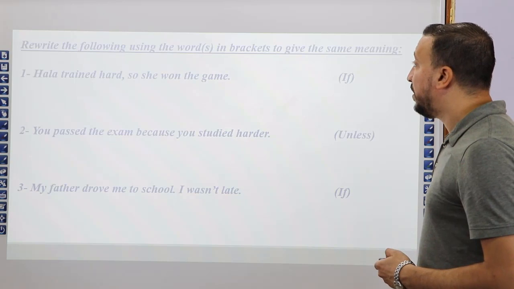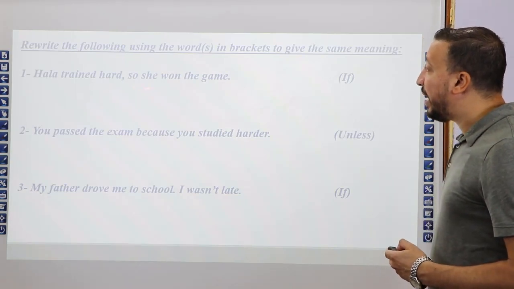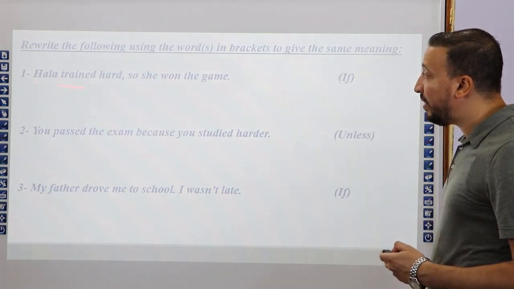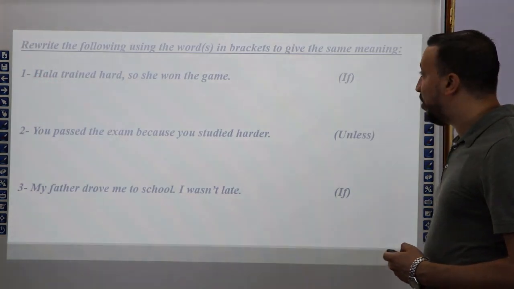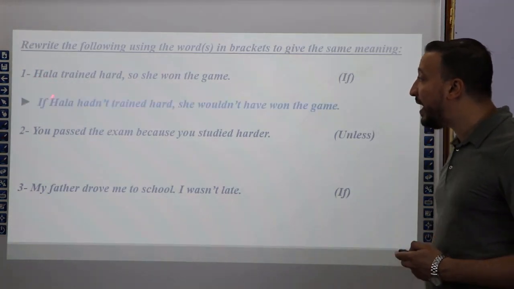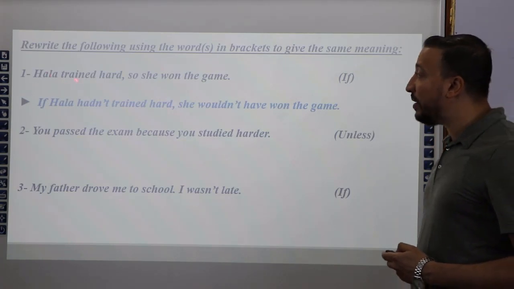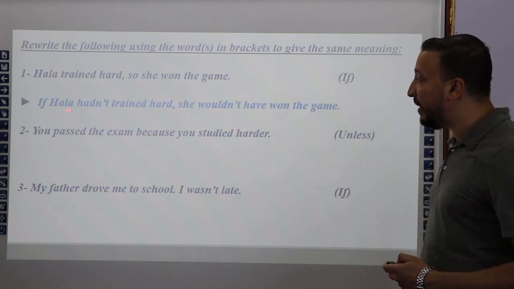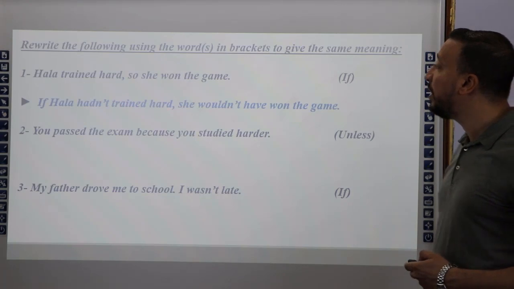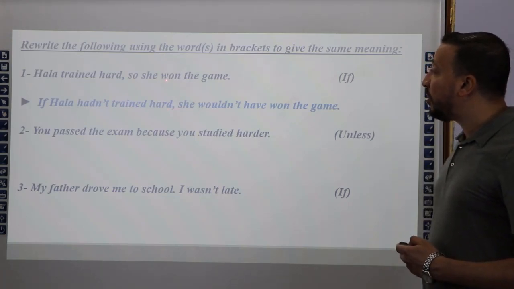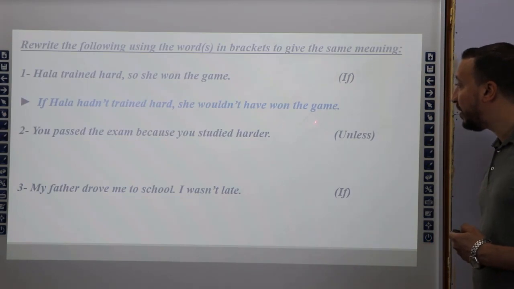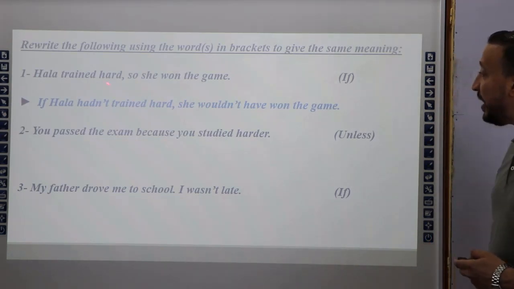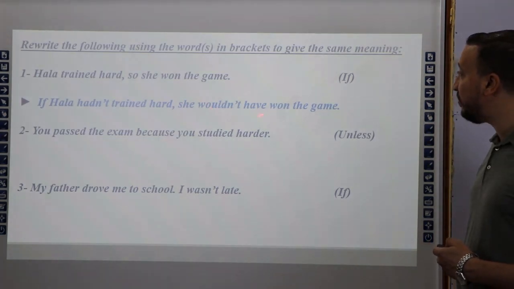The first one has so, so we start with the preceding sentence: Hannah trained hard. So the sentence is: if Hannah hadn't, positive becomes negative, trained hard, she wouldn't have won the game. Wouldn't have won.